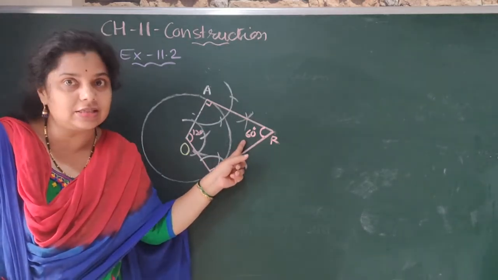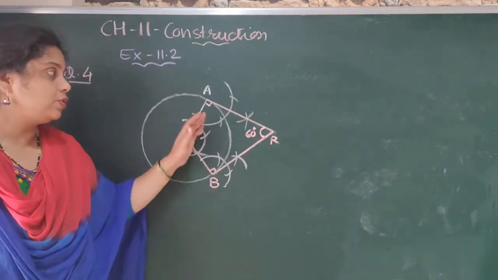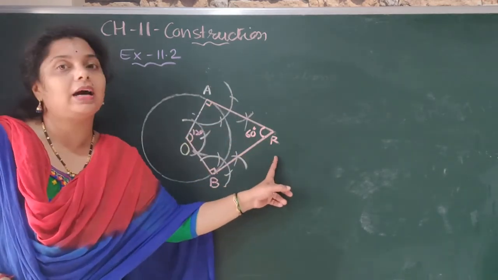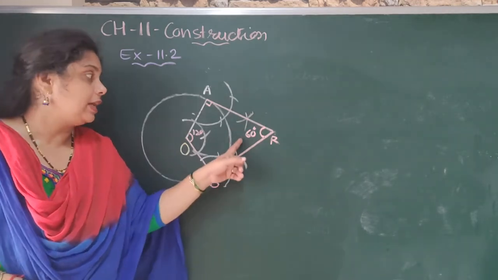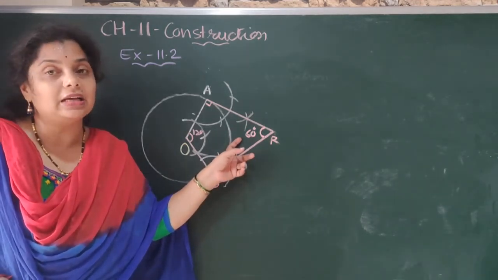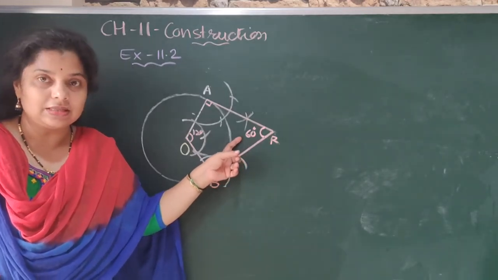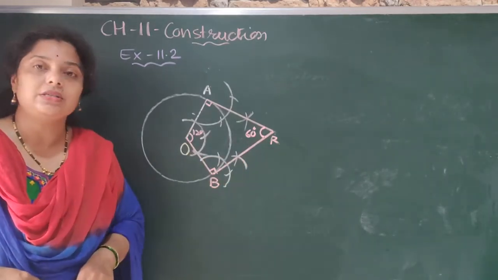Isn't it interesting? Like this you can construct. So here AR and BR are tangents. They ask the inclined angle to be 60 degrees, and here it is. Is it clear? Now let's see the justification.